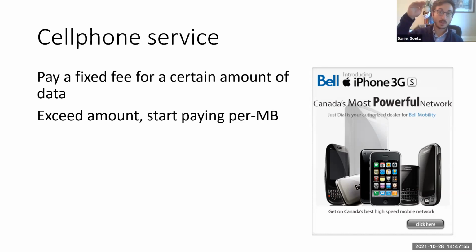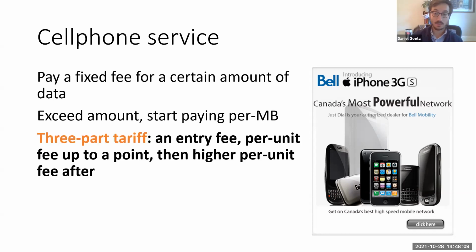So you pay your monthly fee, your subscription, then you pay 0 for the first, whatever, 10 gigabytes. And once you exceed 10 gigabytes, you start to pay, right? That's a three-part tariff. You have an entry fee, you have a per unit fee up to a particular point, and then a higher per unit fee after that point.